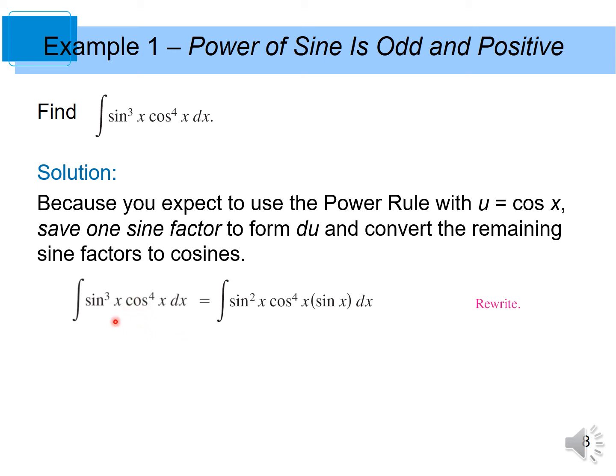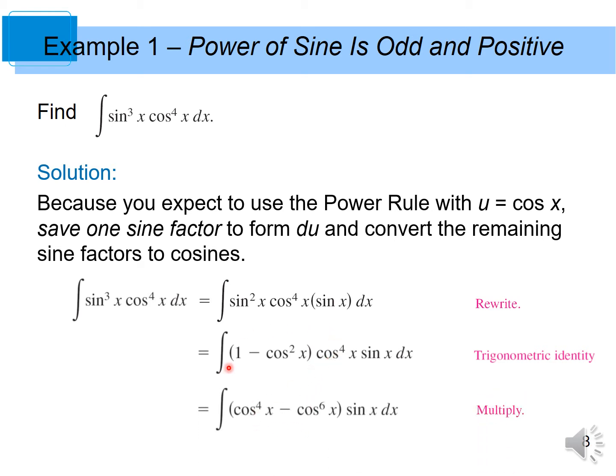First, we know that the order of the sine function is odd, so we break it into sine square x times sine x. And we convert sine square x into 1 minus cos square x. Then we expand it, and we have cos to the power 4 x minus cos to the power 6 x times sine x with respect to x. So we can expand again.